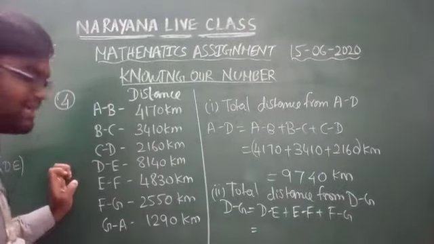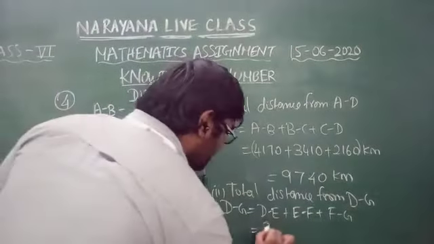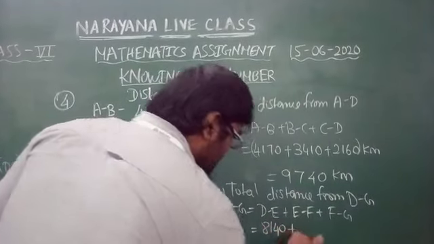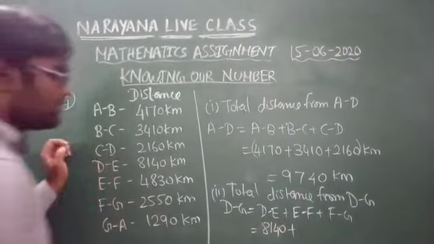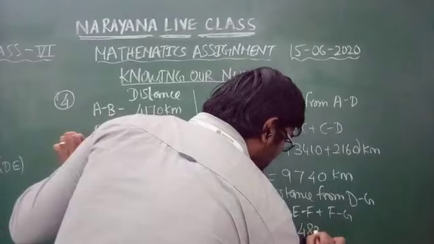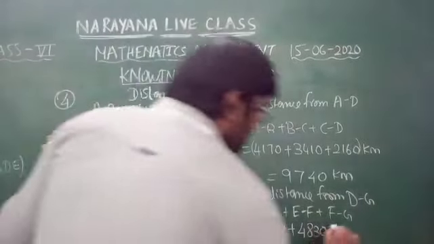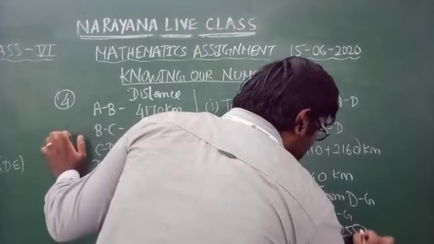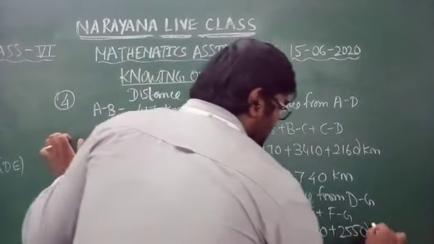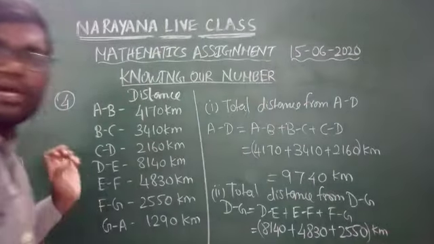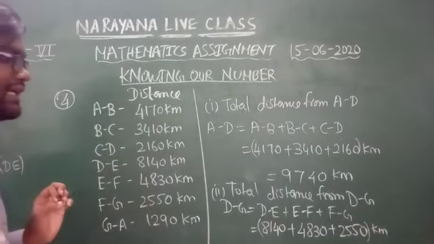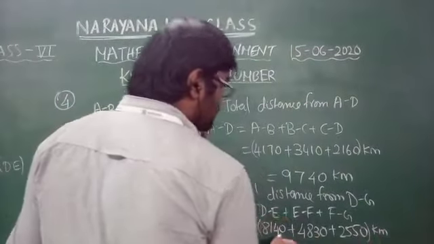From D to E how much? 8140 kilometers plus from E to F 4830 kilometers plus F to G is 2550 kilometers. So now we are going to add everything. Add the unit digits: 0, 0, 0.